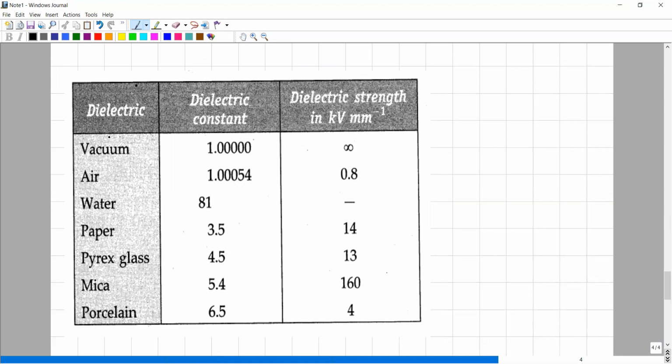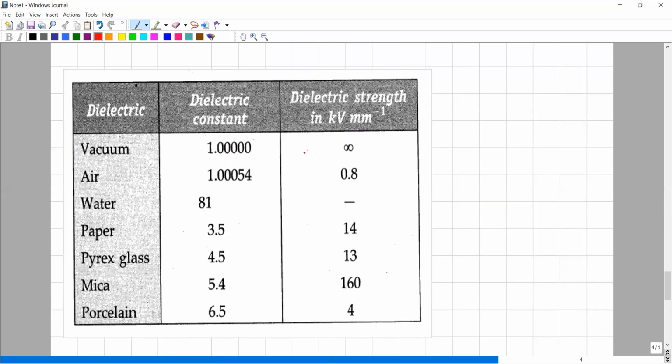You see, vacuum has a dielectric constant of 1, and dielectric strength is almost infinite. That means vacuum does not become a conductor. Obviously vacuum means nothing, so there's no electron, no atom or molecule that can detach and start conducting. So vacuum does not become a conductor under any condition.